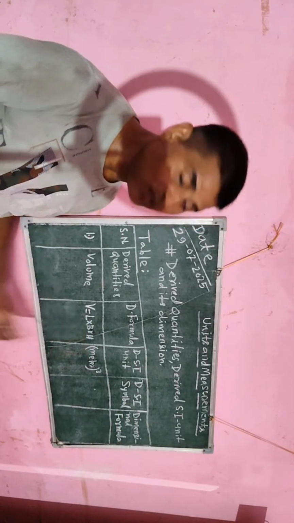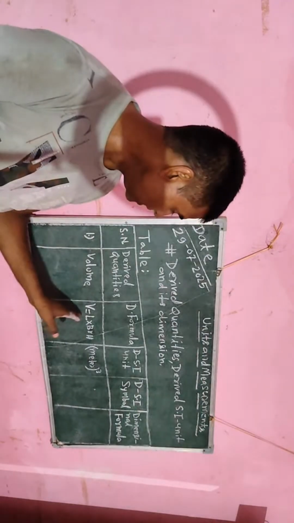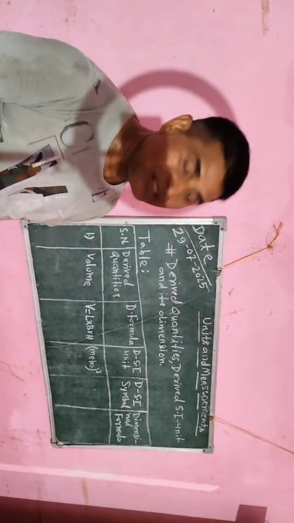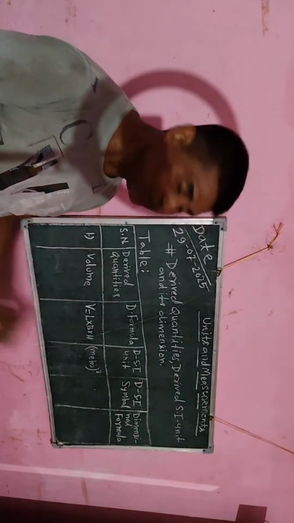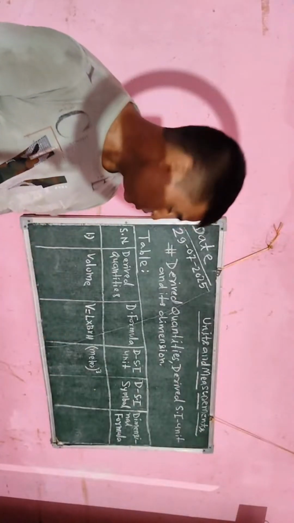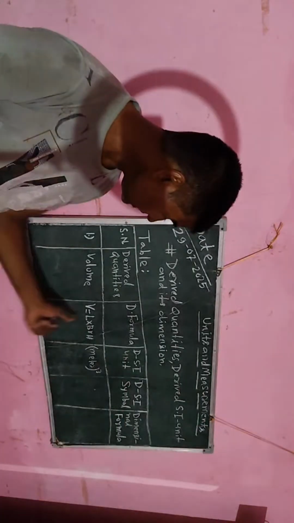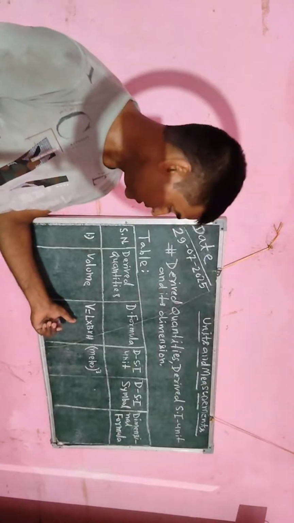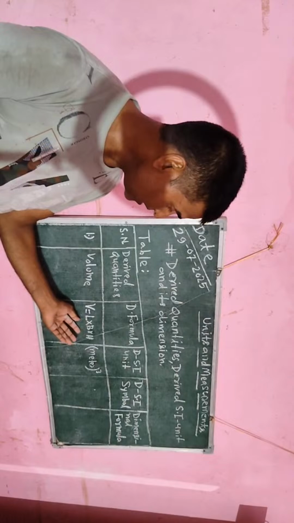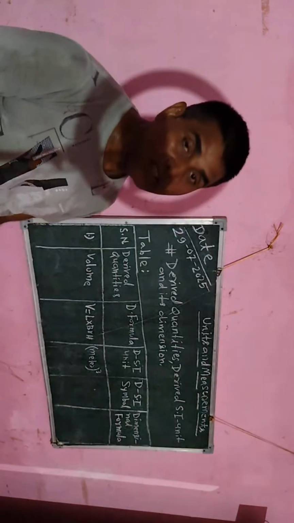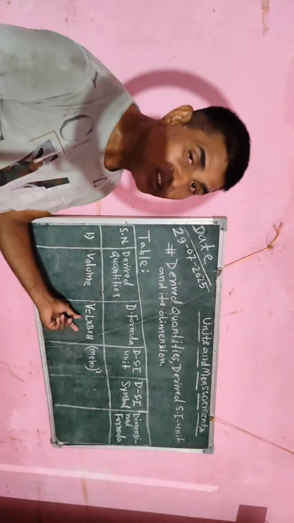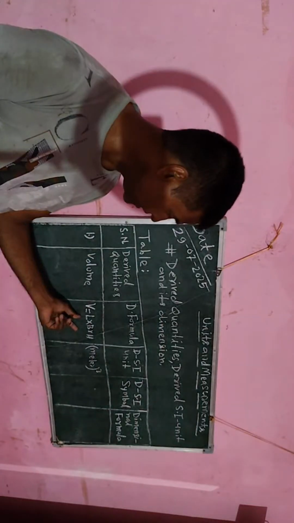So this formula will be valid, because if one length is given in centimeter, another in meter, and another in kilometer, I will change all lengths into a particular unit, meter or centimeter or kilometer, and then simplify. After simplifying I will get the answer. If I do not change the unit, the calculation will be wrong.